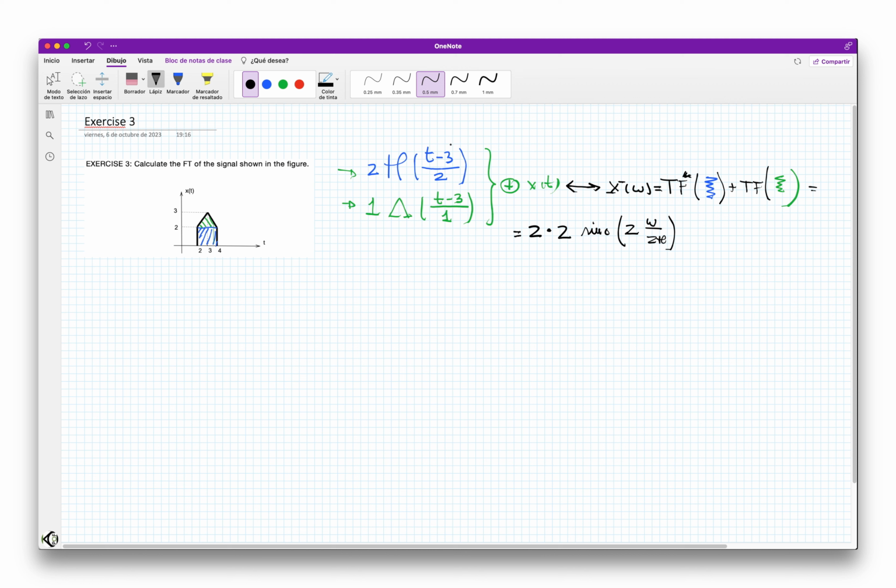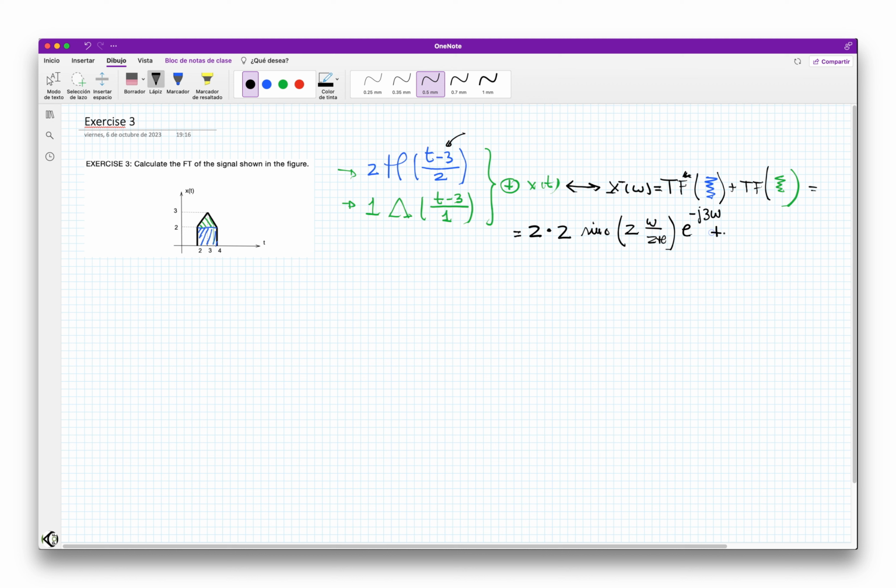But as it is displaced 3 units to the right, remember that using the time-shift property of the Fourier transform, when we displace any units in time, the effect in the frequency is an exponential, which is also -3, because we displace 3, e to the -3j omega. So this exponential term accounts for the time displacement.